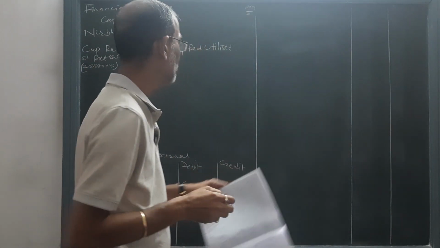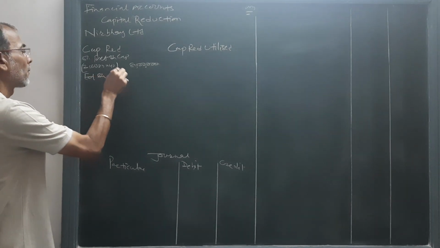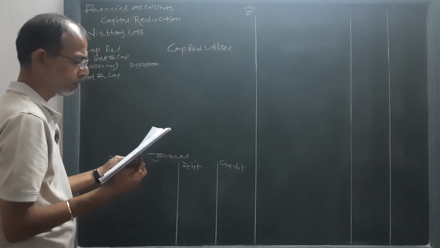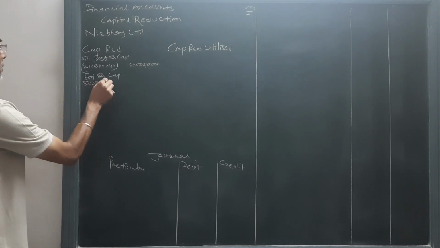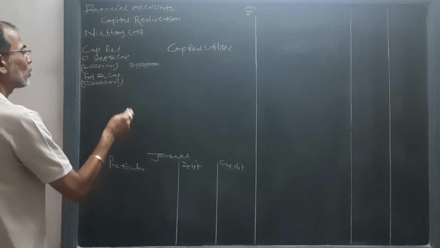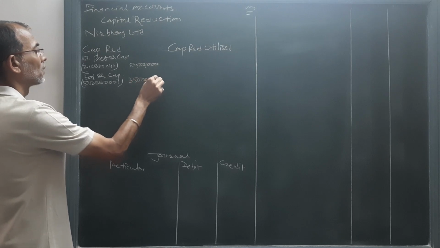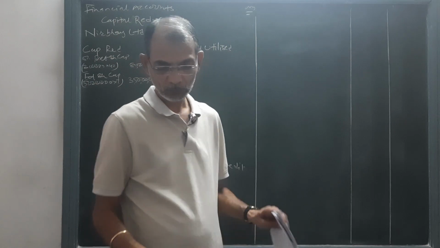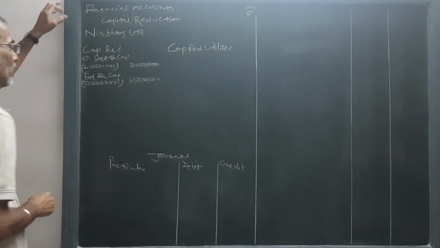Then ₹7 on equity share capital. Equity shares are 50 lakh. So as per ₹7, that will be 3 crore 50 lakh reduced of equity share capital.